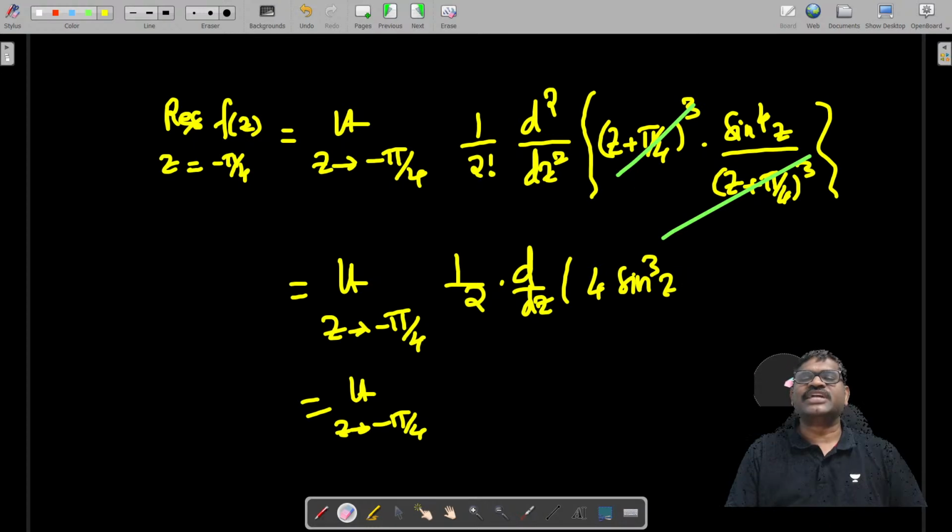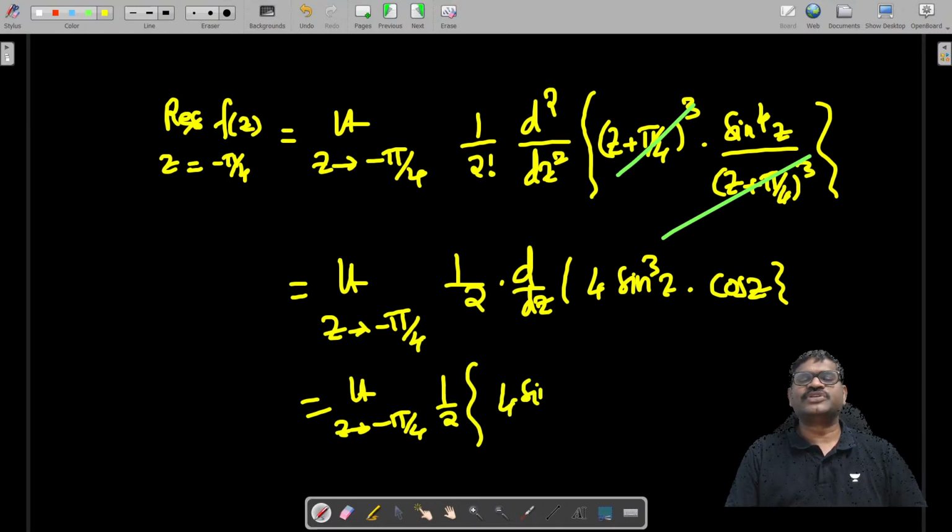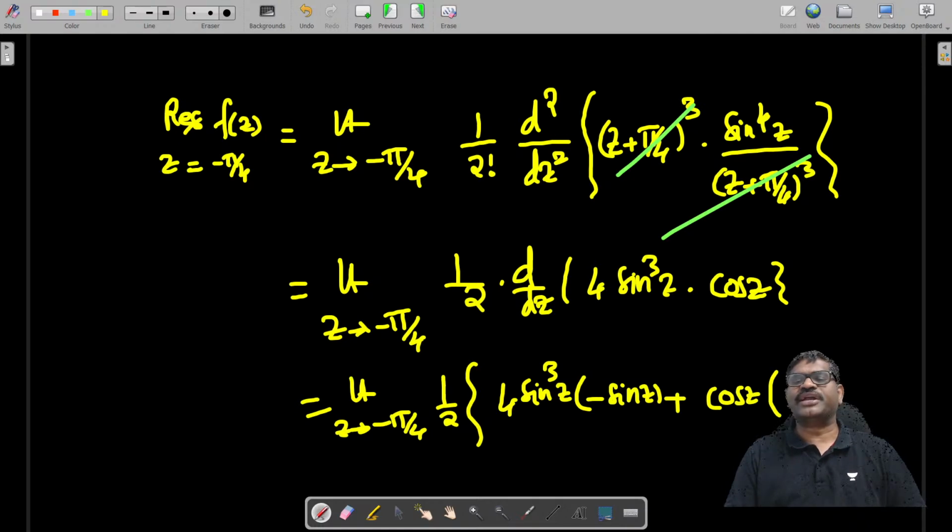When you differentiate sine power 4z, immediately you have to write differentiation of sine z, cos z. Here we have to apply the product rule. 1 by 2 of 4 sine cube z into minus sine z plus cos z into differentiation of 4 sine cube z, 12 sine square z into differentiation of sine z, which is cos z.